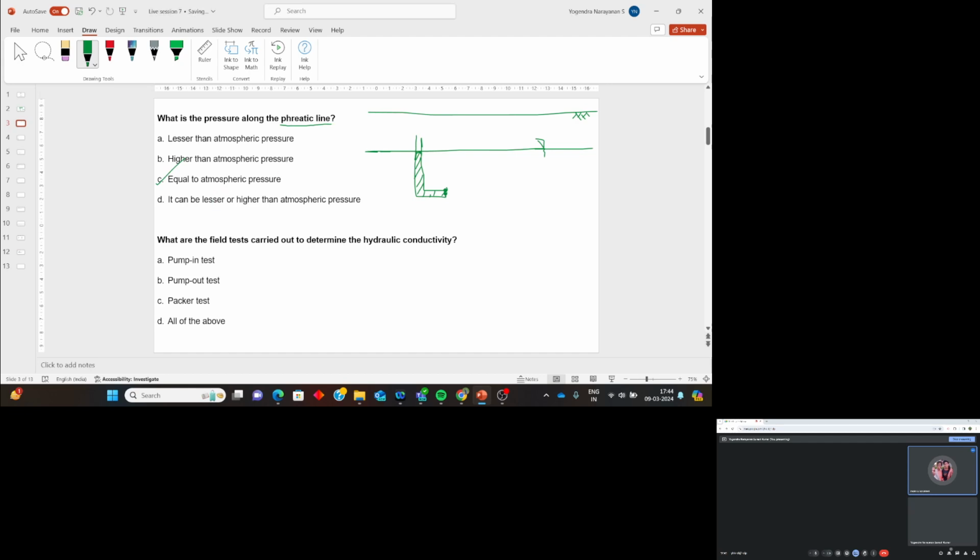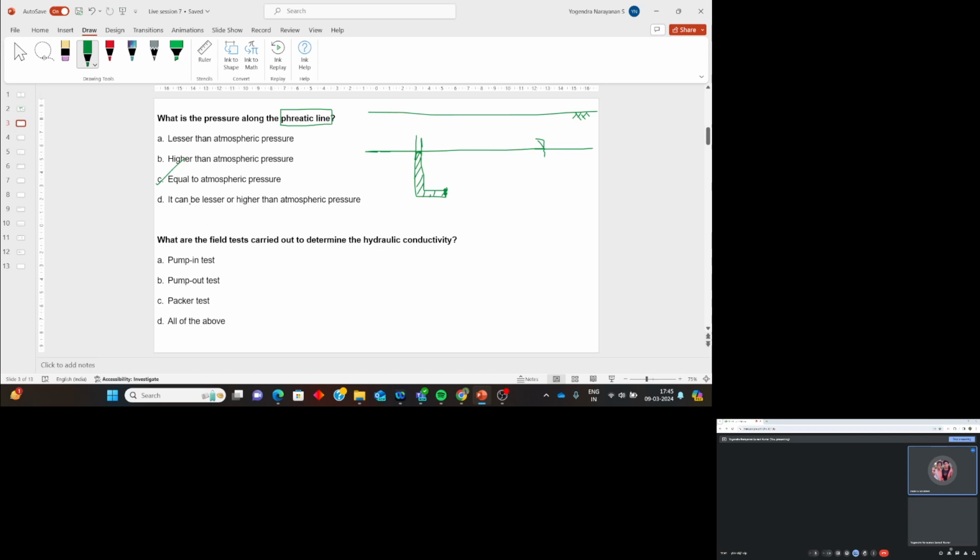Now please keep in mind this terminology, phreatic line, and its significance. It will be very useful in the next week's lectures where you'll be studying flow through the earthen dams. Also in attempting effective stress problems, sometimes instead of groundwater table they might give us phreatic line.